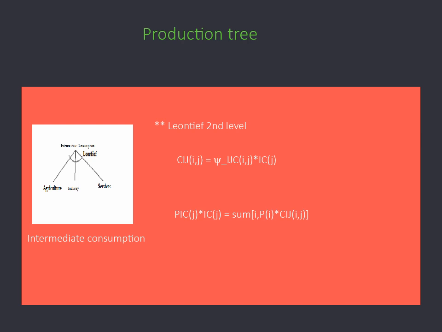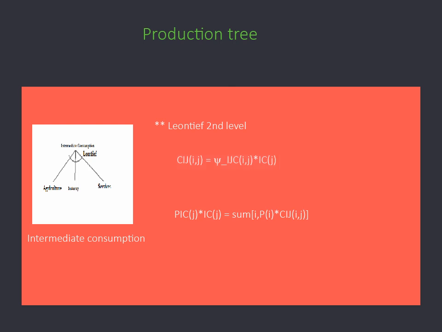So it means that we have first a proportional relation in volume between total intermediate consumption, IC in sector J, and consumption of good I in sector J, which is called CIJ, of I and J, because it's a double dimension variable.